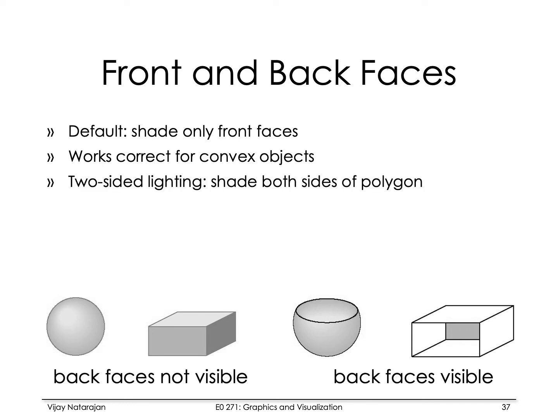So you perform what is called two-sided lighting, where you think of both sides of the polygon or the triangle as two different polygons and do lighting calculations for each one with maybe the same color or different colors. So each side can have its own properties.